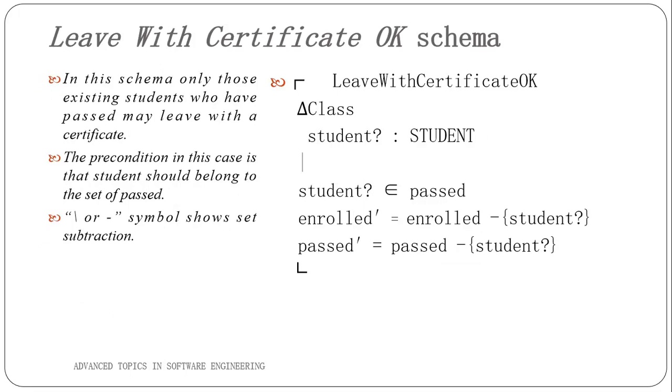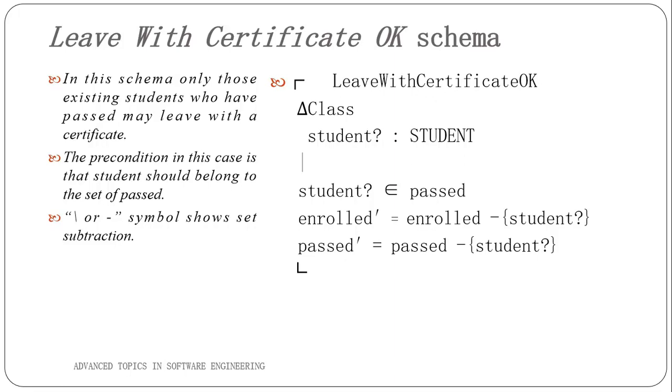Next, the last schema is the Leave With Certificate OK schema. In this schema, only those existing students who have passed may leave with the certificate. So the precondition in this case is that the student should belong to the set of passed.